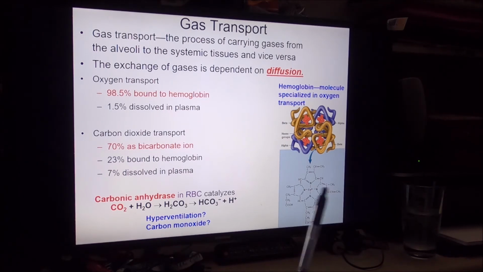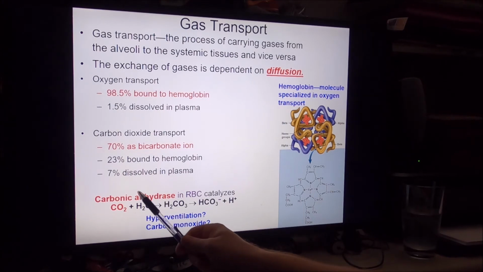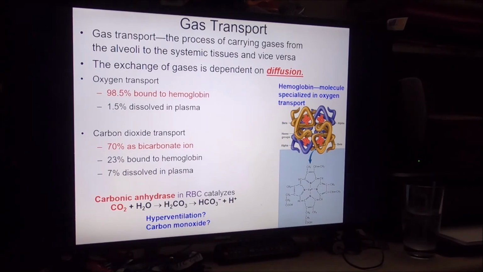So the way this works is a neat process. Remember, this is all diffusion based, but it goes as follows. You have in your red blood cells an enzyme called carbonic anhydrase. Remember, this is an enzyme, ends in ASE, and carbonic anhydrase in your red blood cells will convert carbon dioxide into carbonic acid, basically, but it ends up being bicarb.